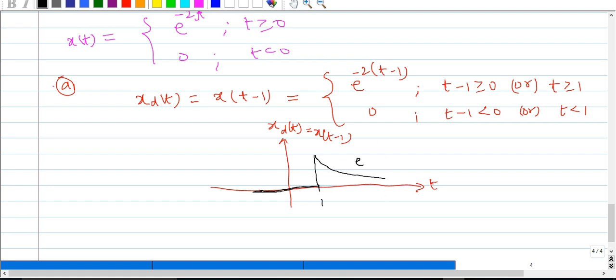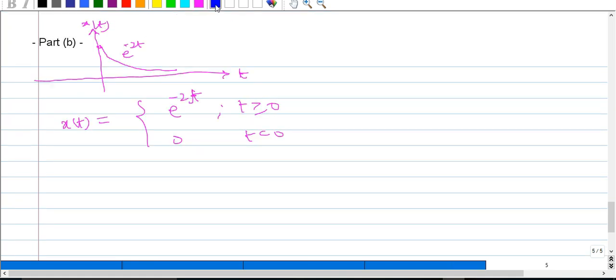So this is e to the power minus 2 of t minus 1, okay. So this is the plot, and the value will be equal to 1 at t equal to 1, okay. So this is the first part, okay.